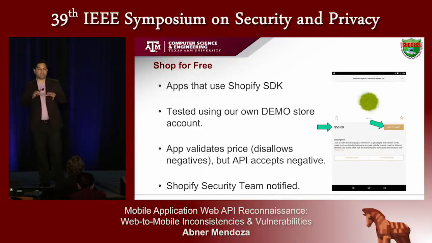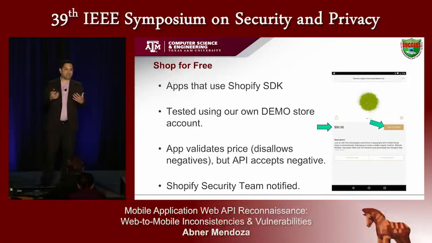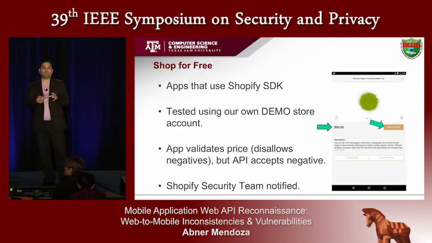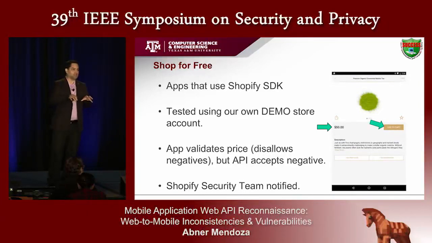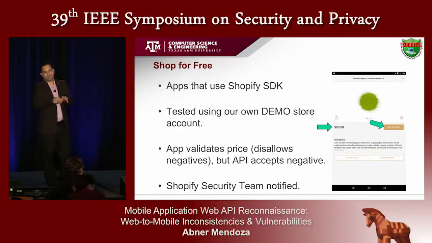The SDK itself validates the price, so you can't send a negative price to the SDK. So that constraint informed us that, okay, if the app is validating that you can't do a negative value, maybe let's check if the API server does.